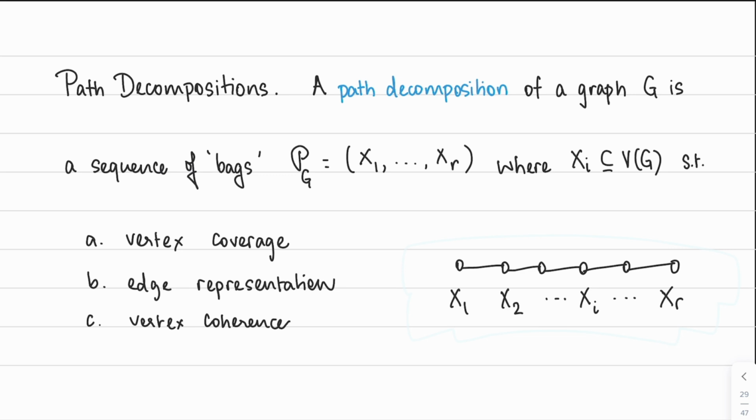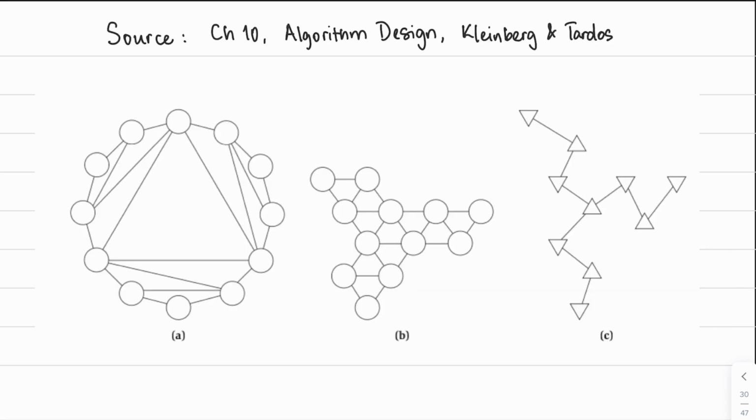So here is a picture which is taken from chapter 10 of a book called Algorithm Design by Kleinberg and Tardos. In this book, sections 10.4 and 10.5 are focused on tree decompositions and treewidth, and it's really nicely described. So it's something that I definitely encourage you to cross-refer as we go through our discussions.